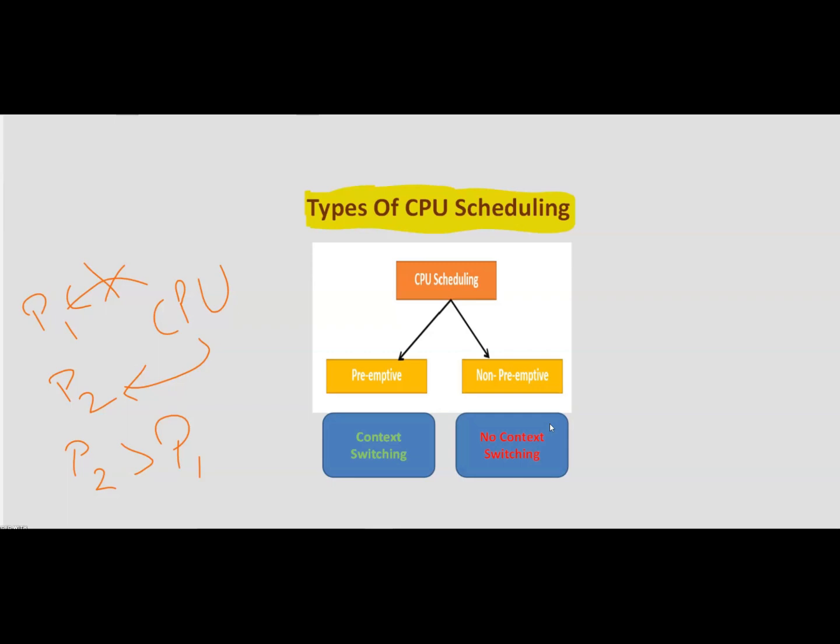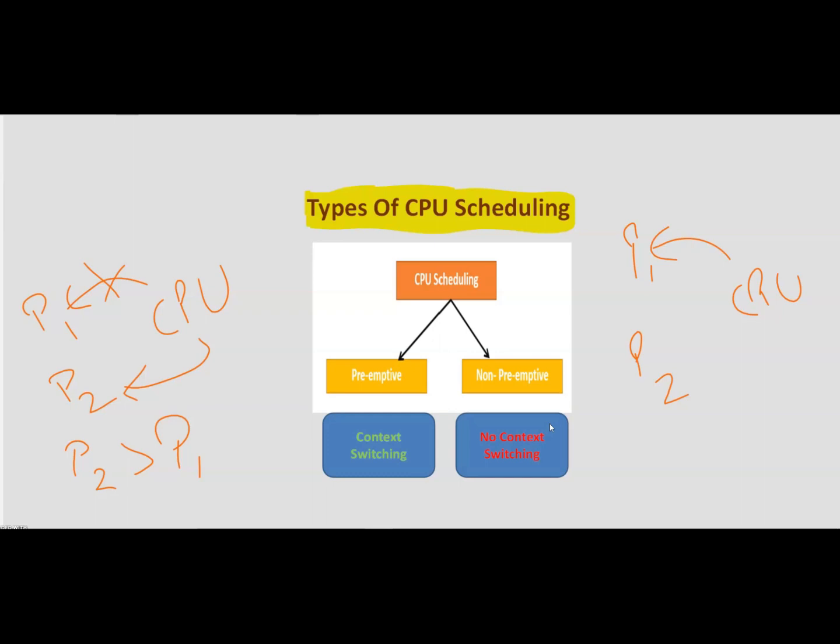Then the second type is non-preemptive. We will take the same example. We have two processes, P1 and P2, and they are both waiting for the CPU allocation. Again, we assume the CPU has been allocated to P1 because it made the request for the CPU first.